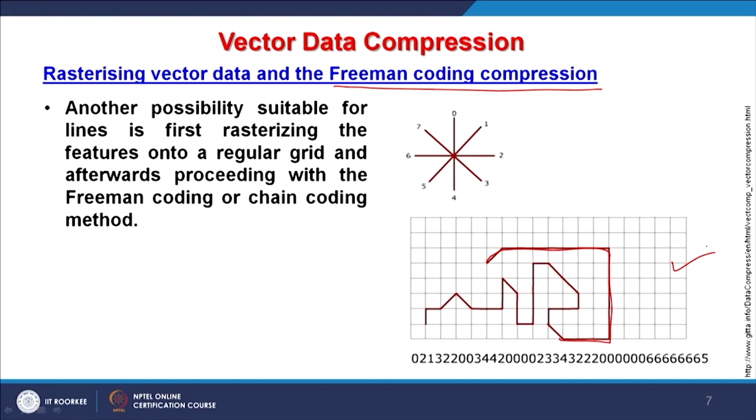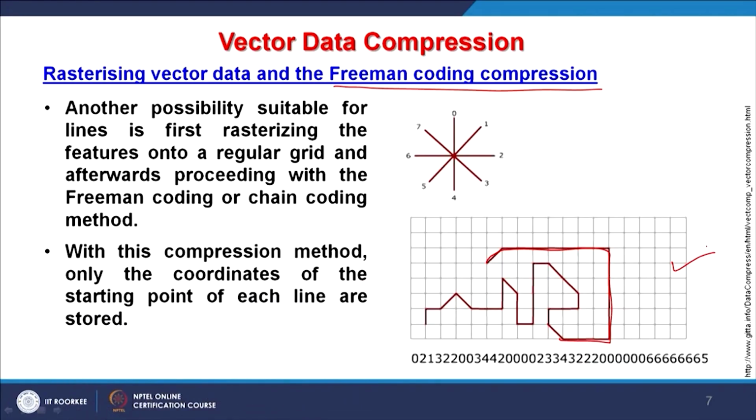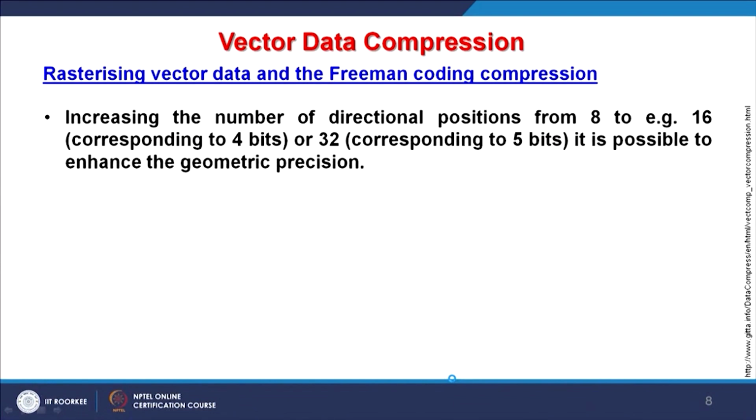The chain coding method has also been implemented for raster data compression, so when we discuss that part, it will be discussed in detail. In this compression method, only the coordinates of the starting point of each line are stored, because the rest is stored as a regular grid, and that way compression can be achieved.